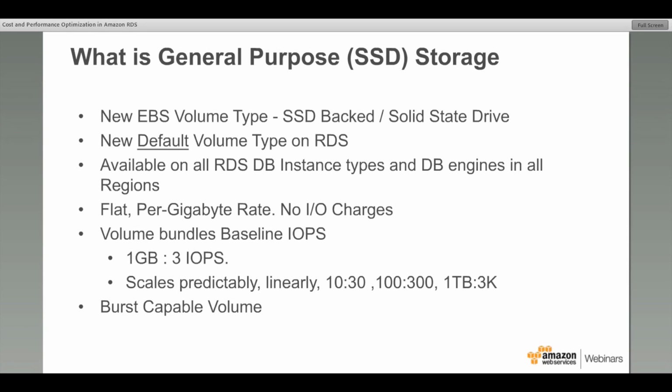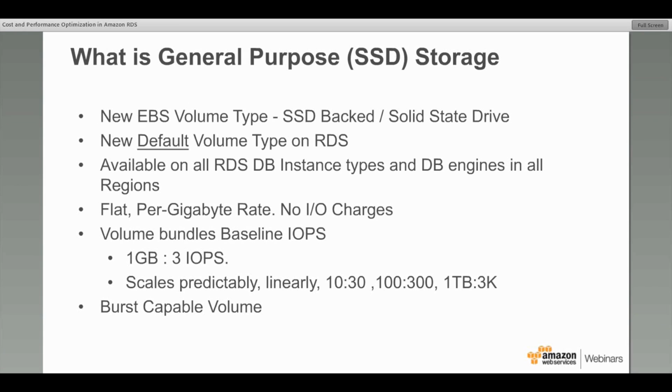And importantly, it provides a flat per gigabyte I/O rate. So for every 1 gigabyte I provision, I get 3 IOPS, and it scales linearly. So if I provision 10 gigabytes for my database, I can expect at a steady state 30 IOPS, all the way up to 1 terabyte provisioned of SSD storage. I will then get 3,000 IOPS at a steady state.